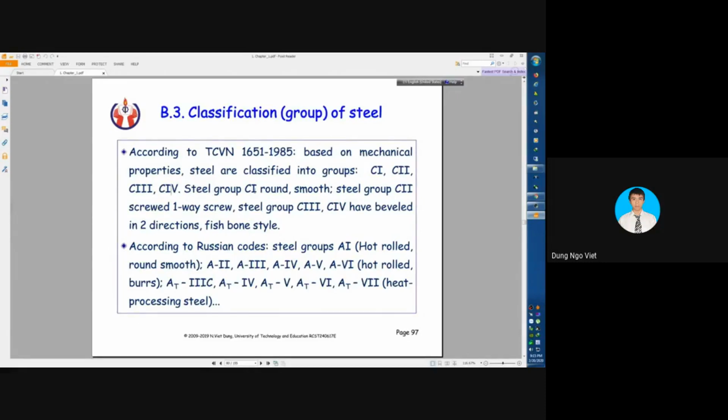Steel group C1 is round and smooth. From steel group C2 to C3 and C4, we have screw, one-way screw, or bevel in two directions, or fishbone style steel. This is for Vietnamese standards. According to the Russian codes, we have the steel groups A1 for hot roll and round smooth, and A2, A3, A4, A5, A6 for hot roll, and the other AT for heat resisting steel.